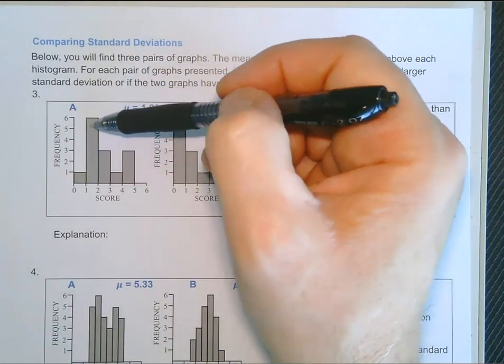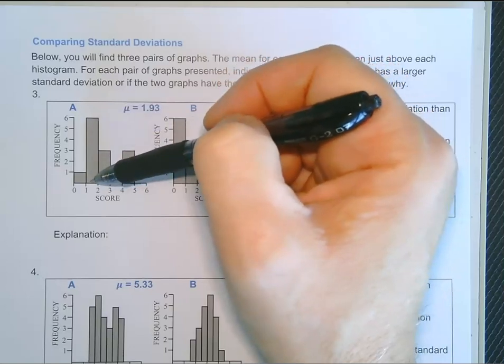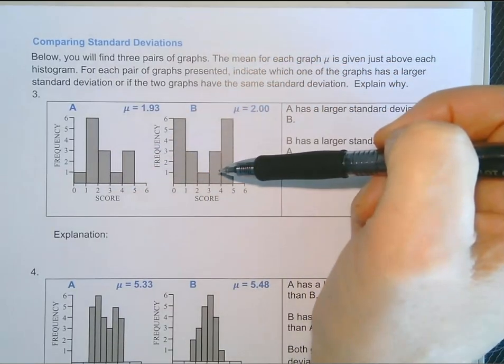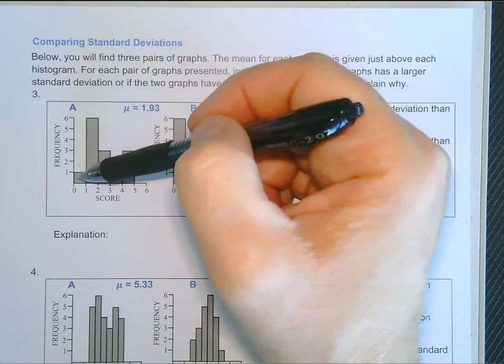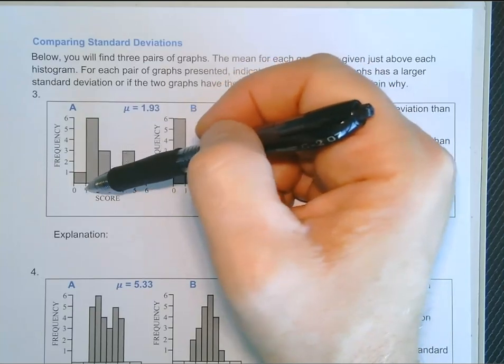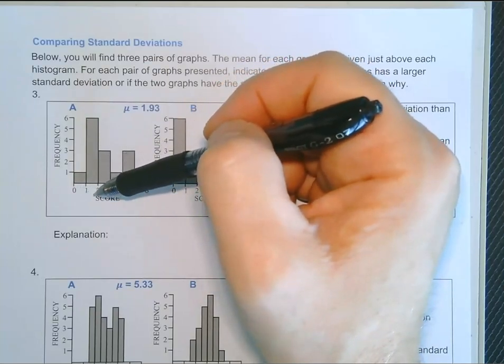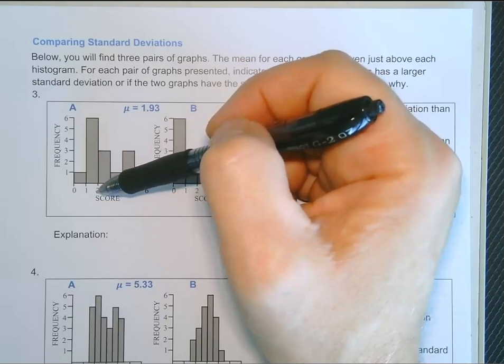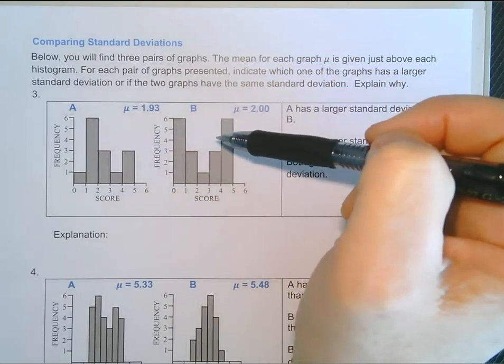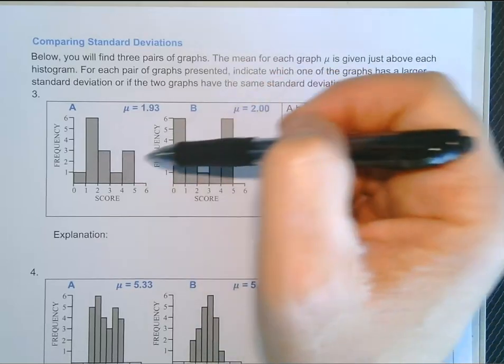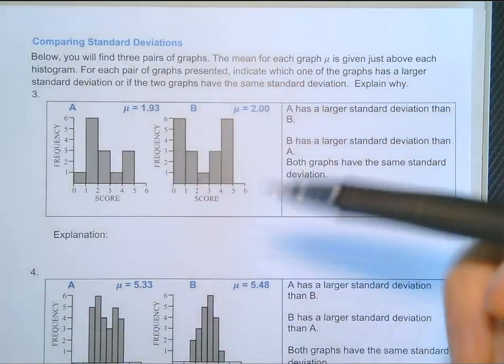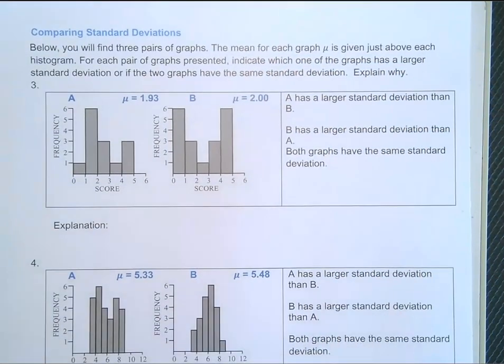So that would mean that there would be 6 numbers between 1 and 2. Got it? This would mean that there is 1 number between 0 and 1. Is that helpful? So looking at the spread of these two, what would you say? Which one has the larger standard deviation?